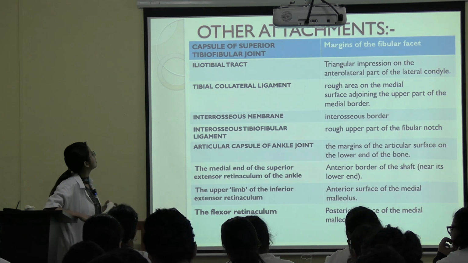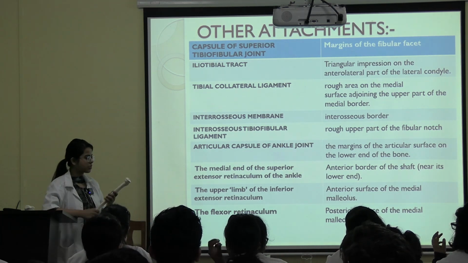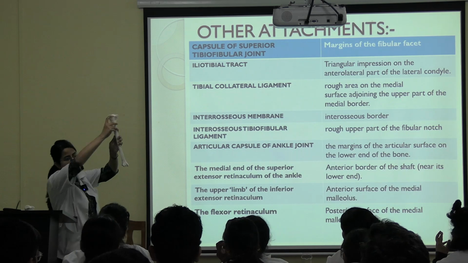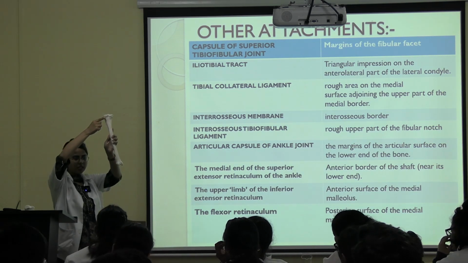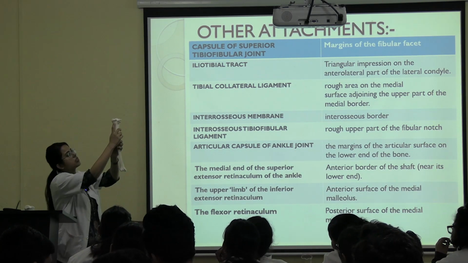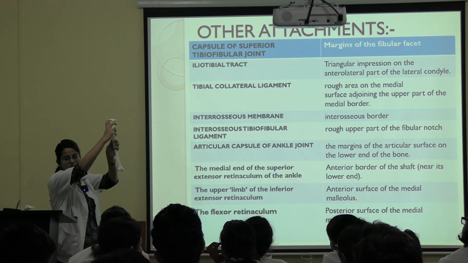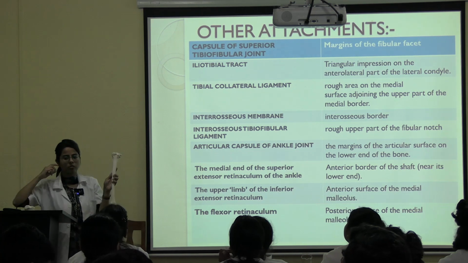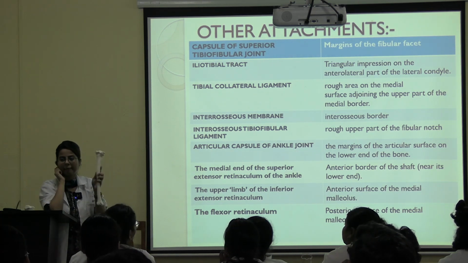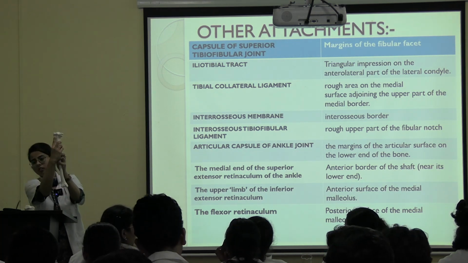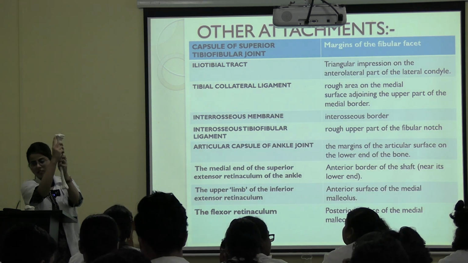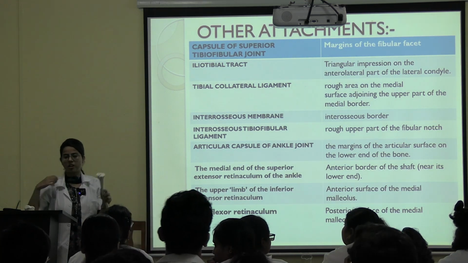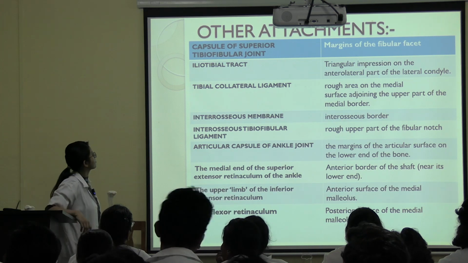So where will the capsule be present? On the margins of this oval articular facet. You can see this oval articular facet clearly here. So it is present on the margin of this oval articular facet.